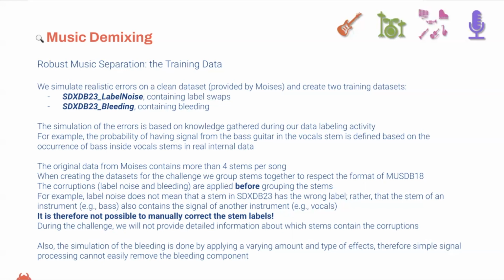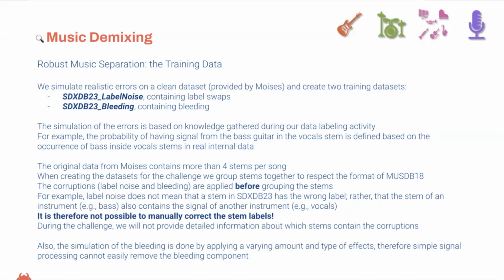And it's important to notice that the corruptions that we talk about, both label noise and bleeding, are applied before grouping the stems. What does this mean? It means that, for example, if we want to apply a label noise corruption on the strings stem and bring it to the drums, in the end, you will have the drums track in the dataset for the challenge, which contains both drums and strings.